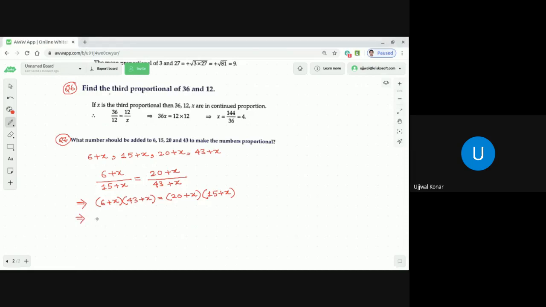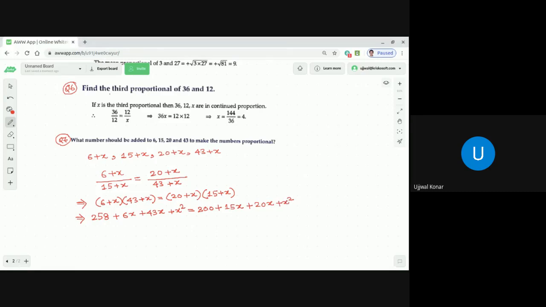On the left hand side you will get 258 plus 6x plus 43x plus x square, is equal to 300 plus 15x plus 20x plus x square.